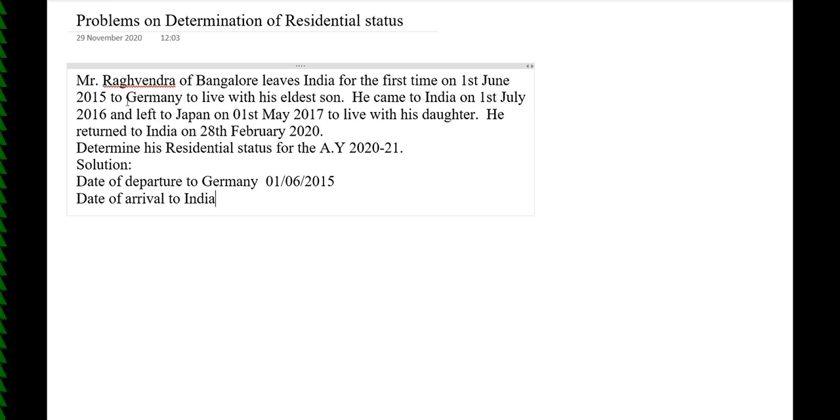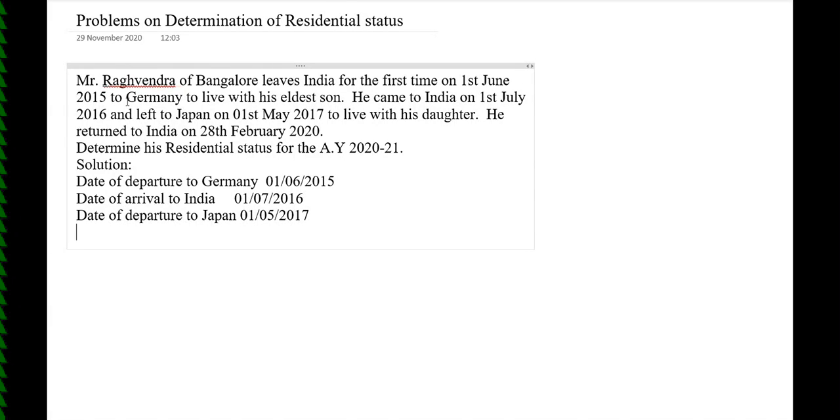Then date of arrival to India from Germany, that is given as 1/7/2016. Then date of departure to Japan, it is 1 May 2017.